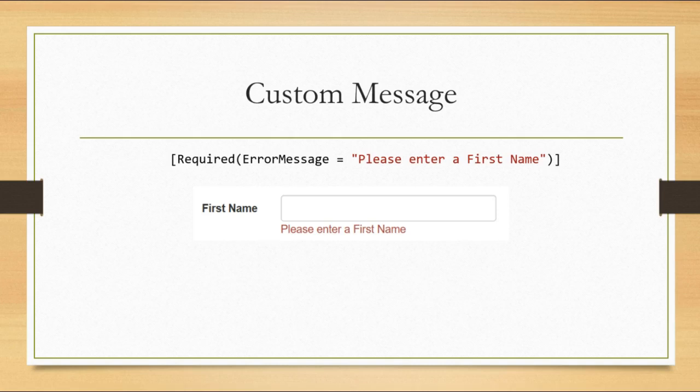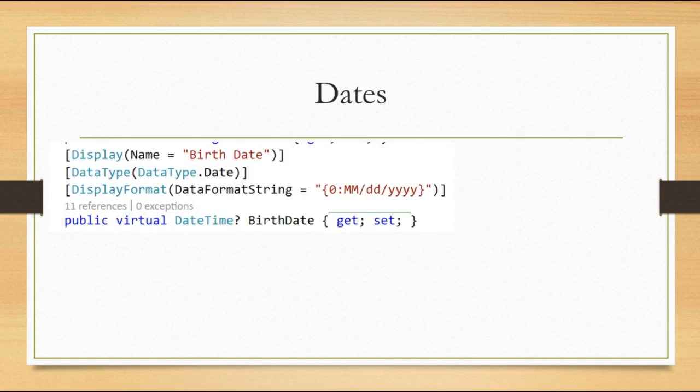Okay, so let's look at birth date now. Do the same thing for birth date over here. Display name, we had this before. We're going to say this data type is date, and display the date as month, day, and 4-digit year.